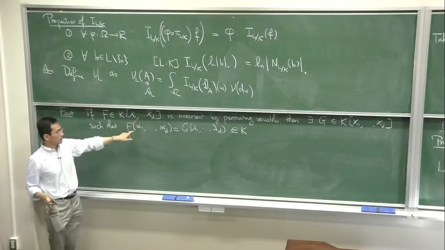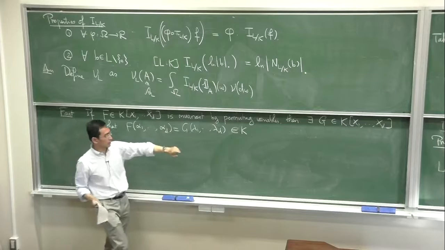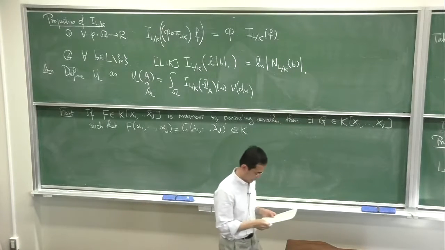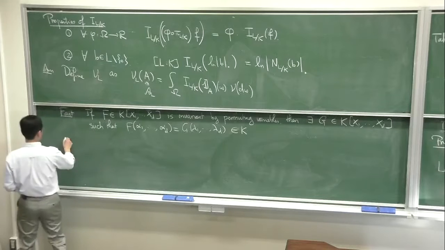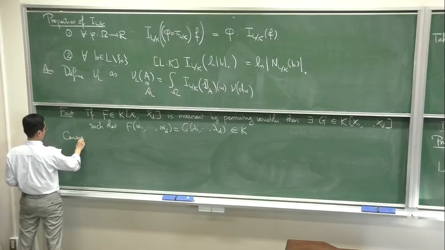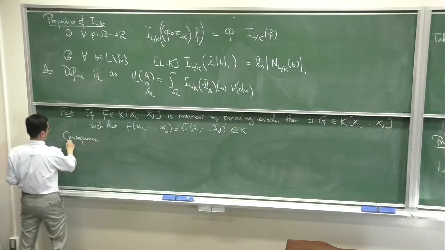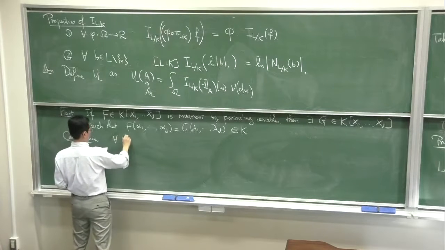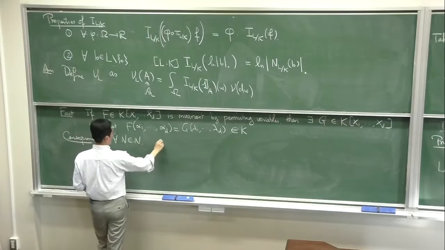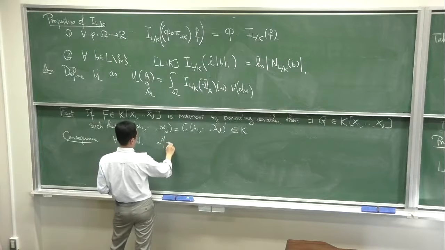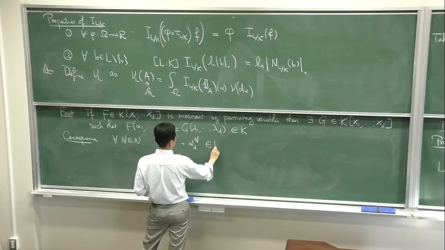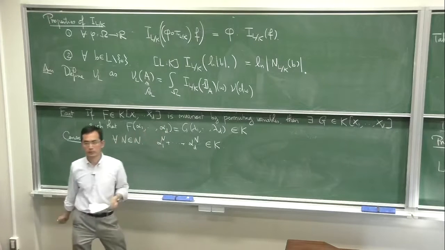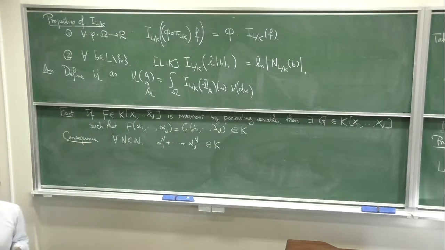So if you have a symmetric polynomial and you evaluate at α_1 to α_d, you obtain something in K. In particular, the consequence is that for any n, α_1 to the power n plus etc. plus α_d to the power n is something in K. Okay?